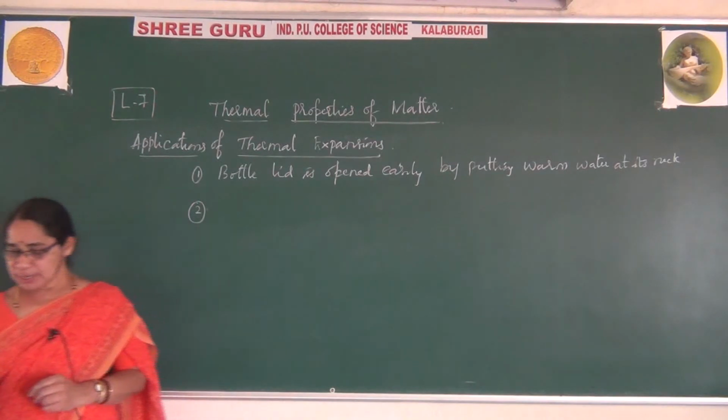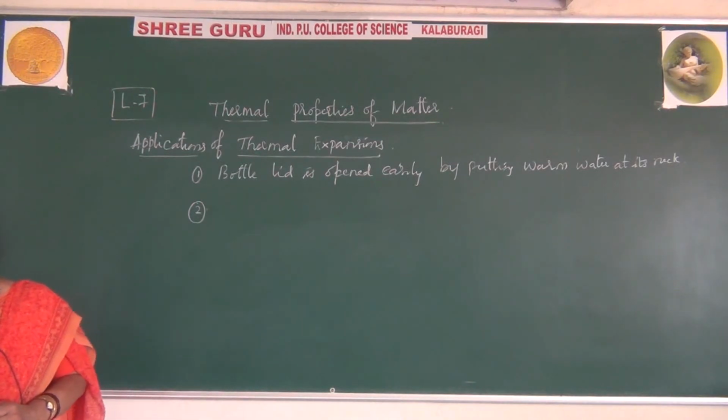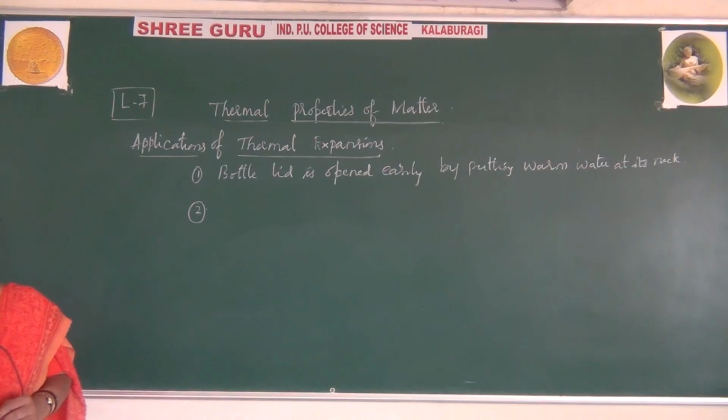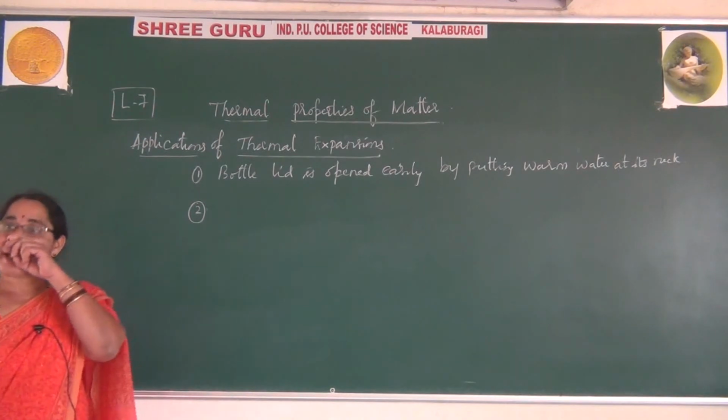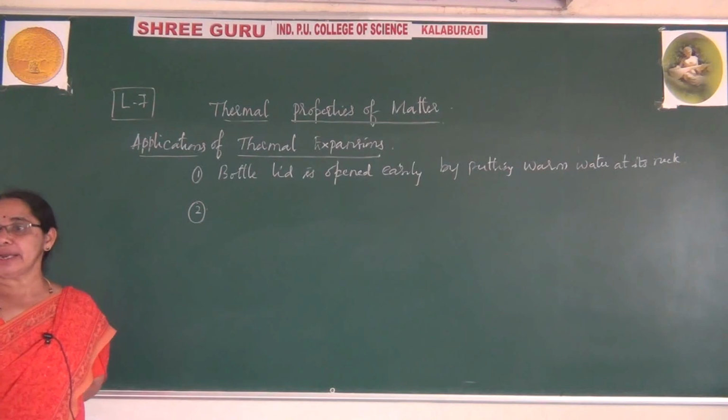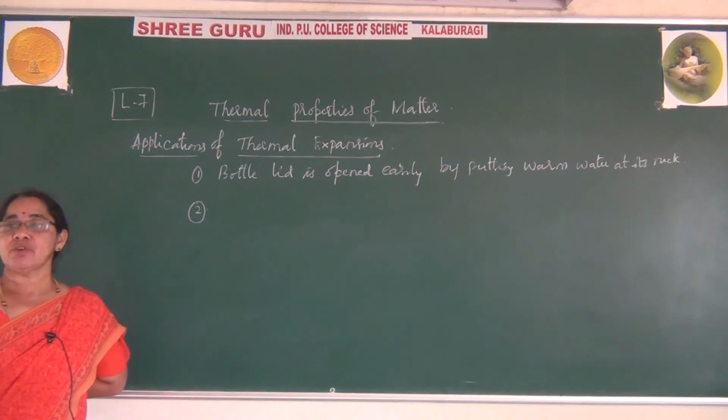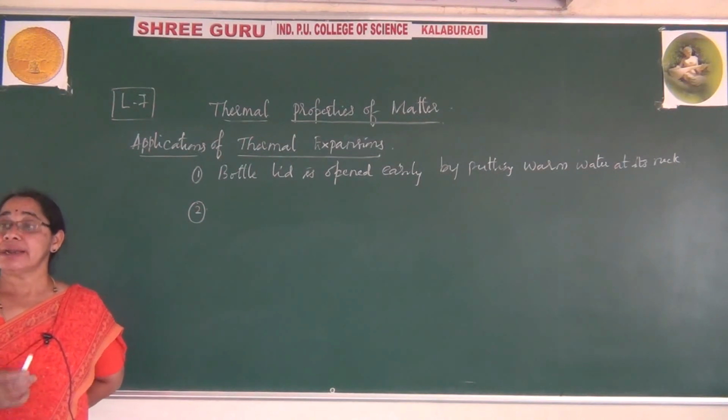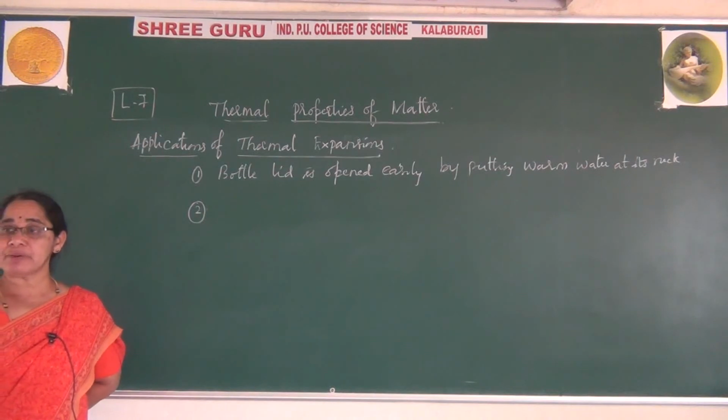where a space is left between two rails. You already know the rails on which the train will be moving. Between the two rails, there is always a space kept. What is the reason behind this?